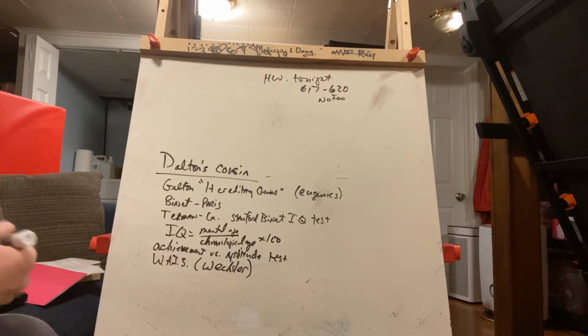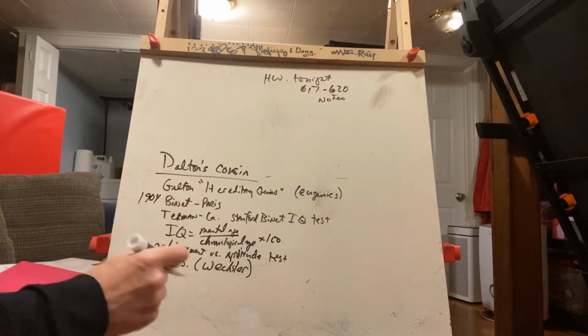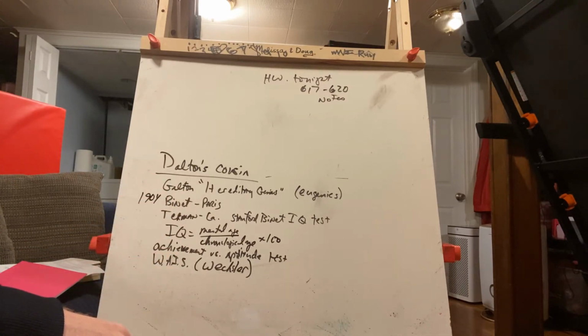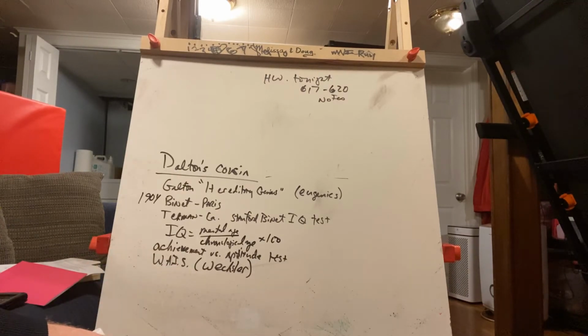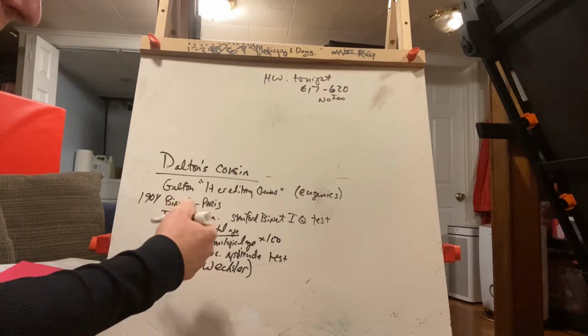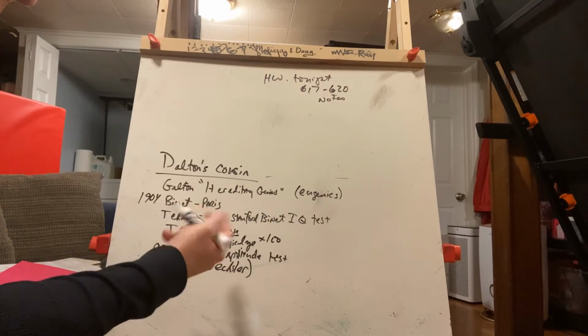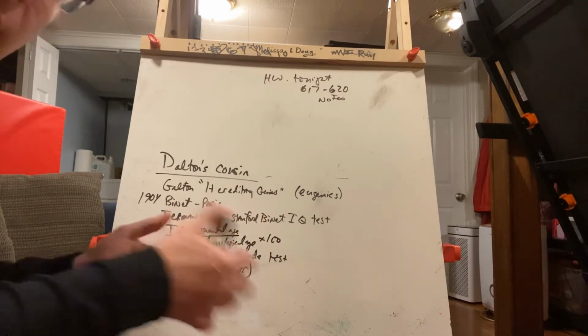So Galton was in the 1800s, this is 1904, and then Terman was somewhere in the early 1900s also. They don't give a date for when he tested, but Terman was in California, employed at Stanford, and came up with the first IQ test.